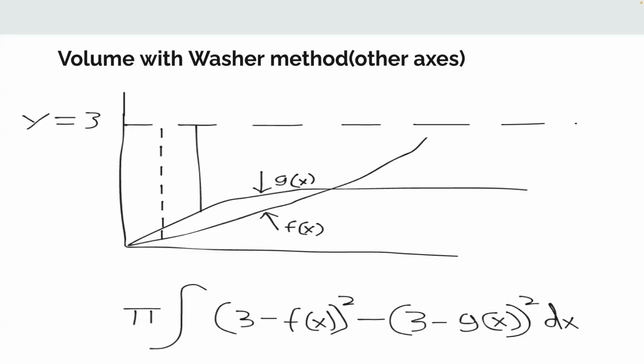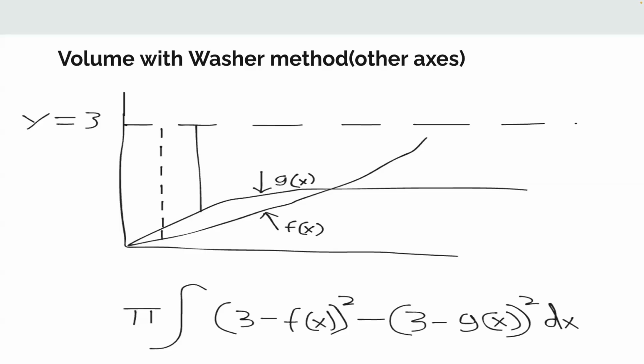Okay, and how do you do the washer method around different axes? So let's say here I'm doing it around the y equals 3 line. Essentially, you just look at the diagram and make sure you find the right distance. Find out which one is going to be the outer curve and which is going to be the inner curve.